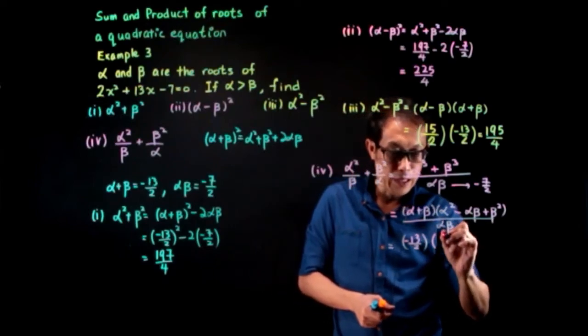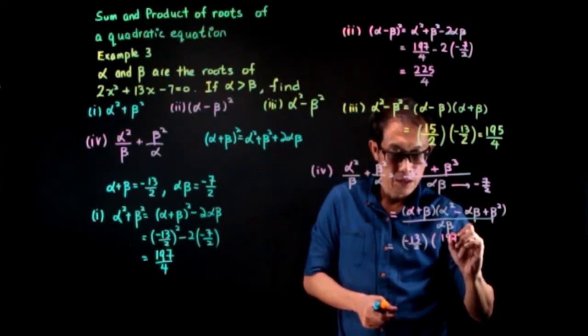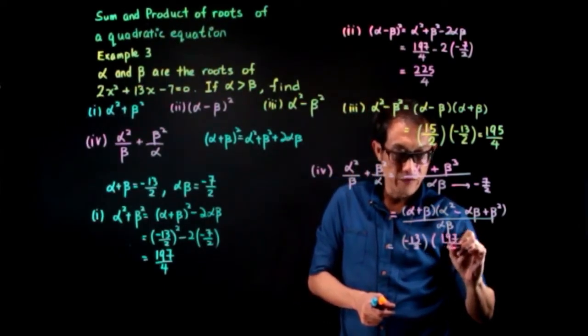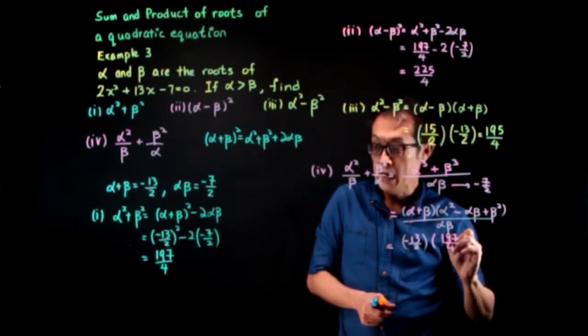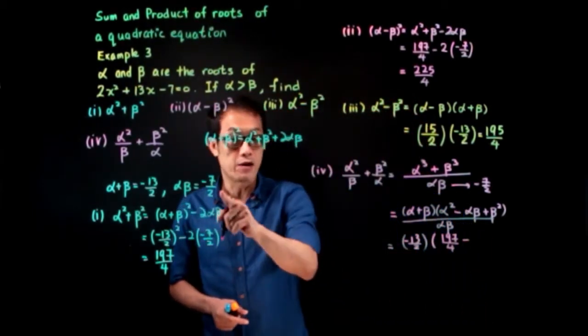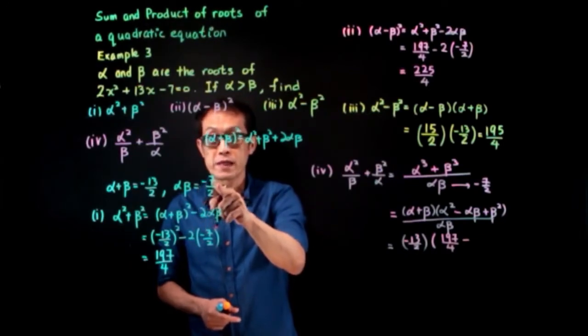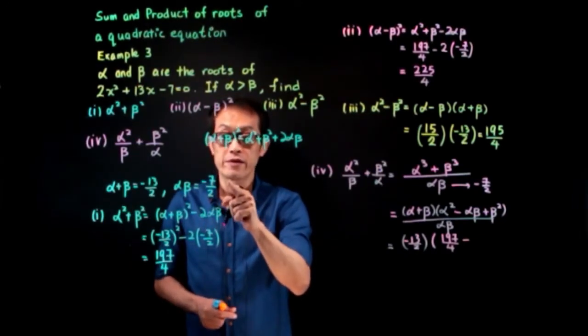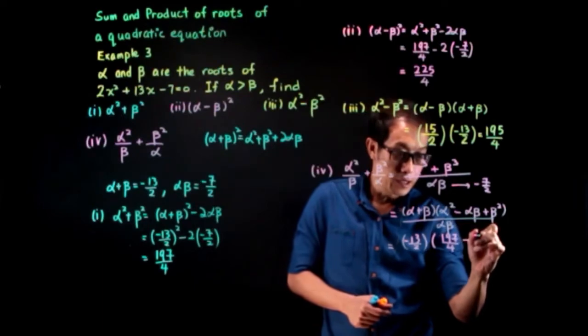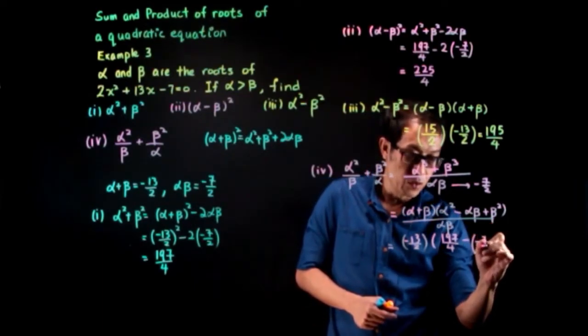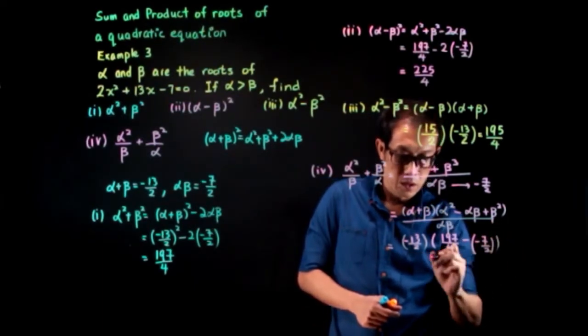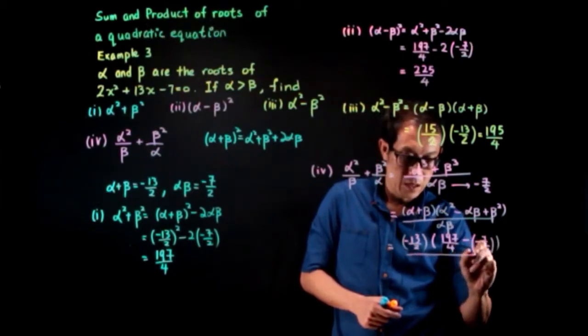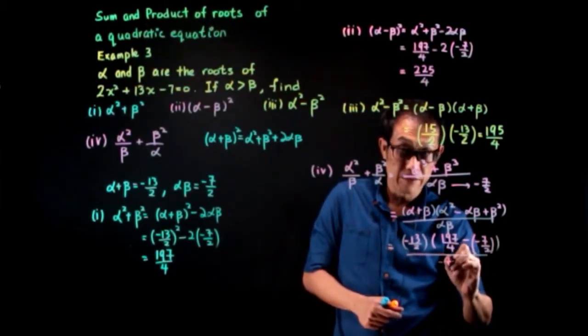So this will be 197 over 4 minus alpha beta. Alpha times beta is minus 7 over 2, so this will be minus minus 7 over 2, all over minus 7 over 2.